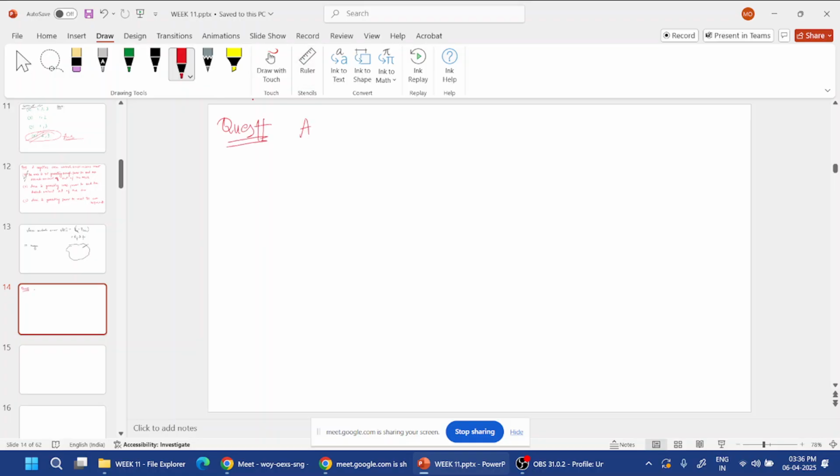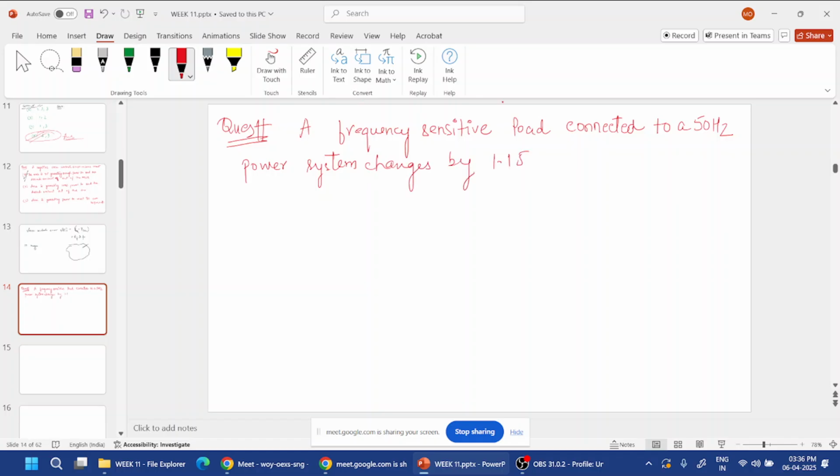Question: a frequency sensitive load connected to a 50 Hz power system changes by 1.15% for a 1.10% change in frequency on a 10 MVA system base.